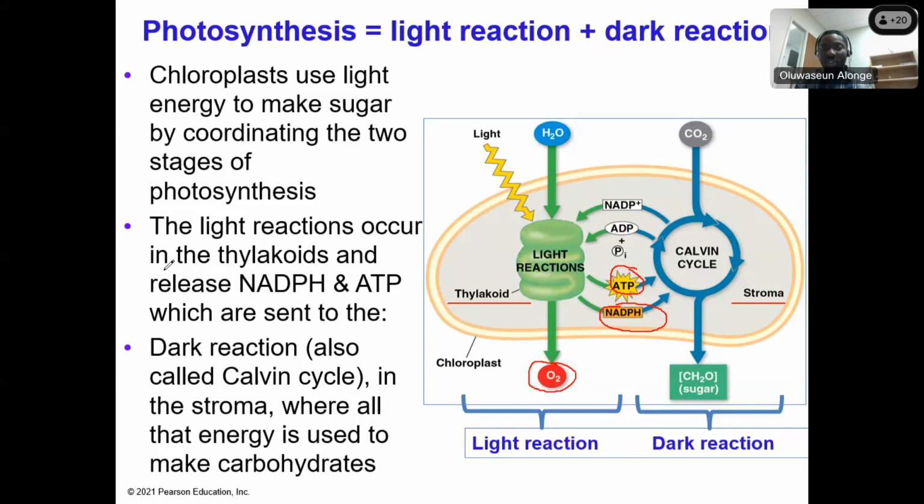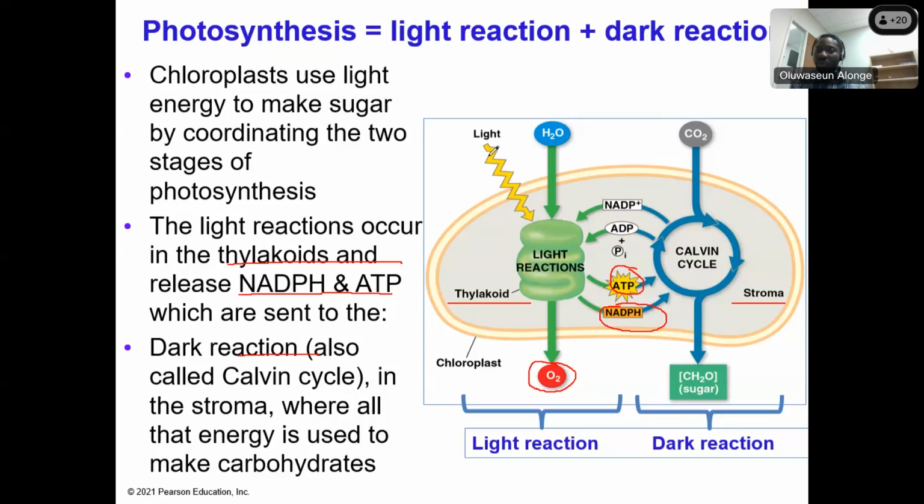So the light reaction occurred in the thylakoid and released NADPH and ATP, which are sent to the dark reaction or Calvin cycle in the stroma, where all energy will be used to now make carbohydrates or sugar. So again, this is the whole cycle.